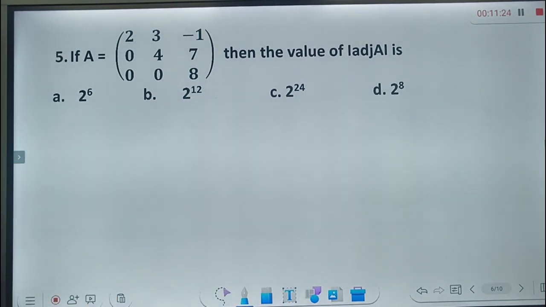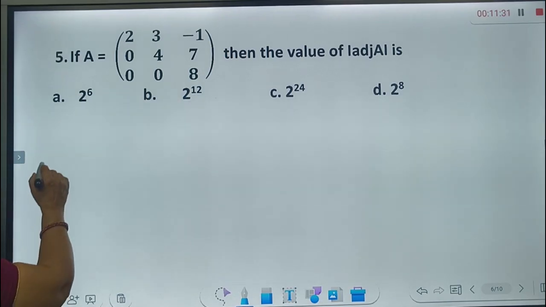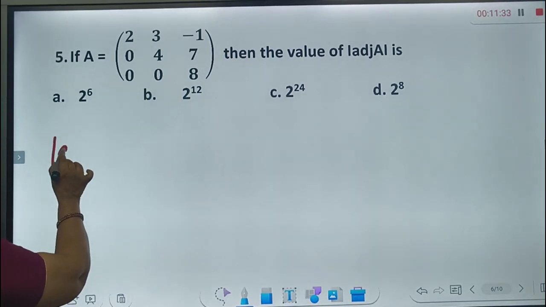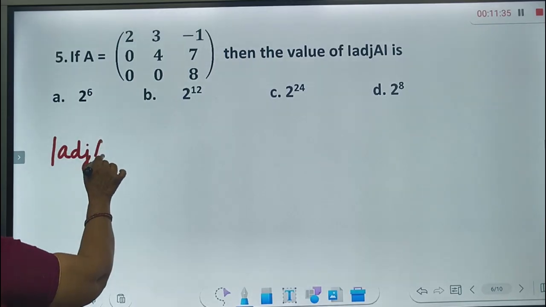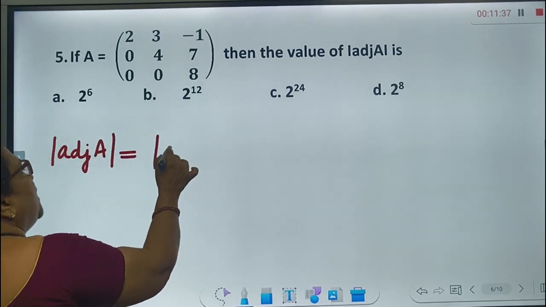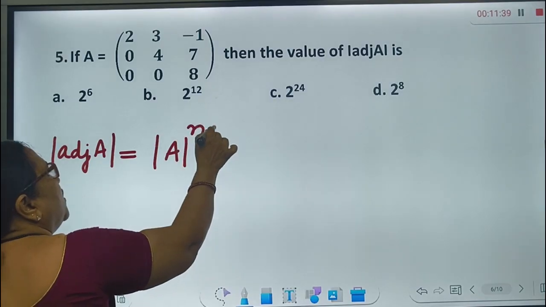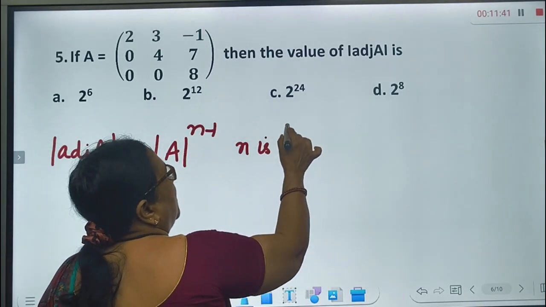Now you are given the next problem. You are given a matrix and you are asked to find the determinant of adjoint of A. I hope you all know that determinant of adjoint of A is equal to determinant of A to the power n minus 1, where n is the order of the matrix.